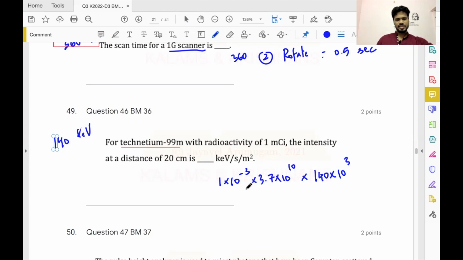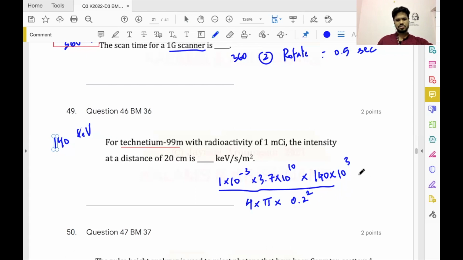And we want the intensity at a distance of 20 centimeter. So divide by the area of the sphere at 20 centimeter: 4 into pi into r square, and 20 centimeter is 0.2 meter, squared. Okay.